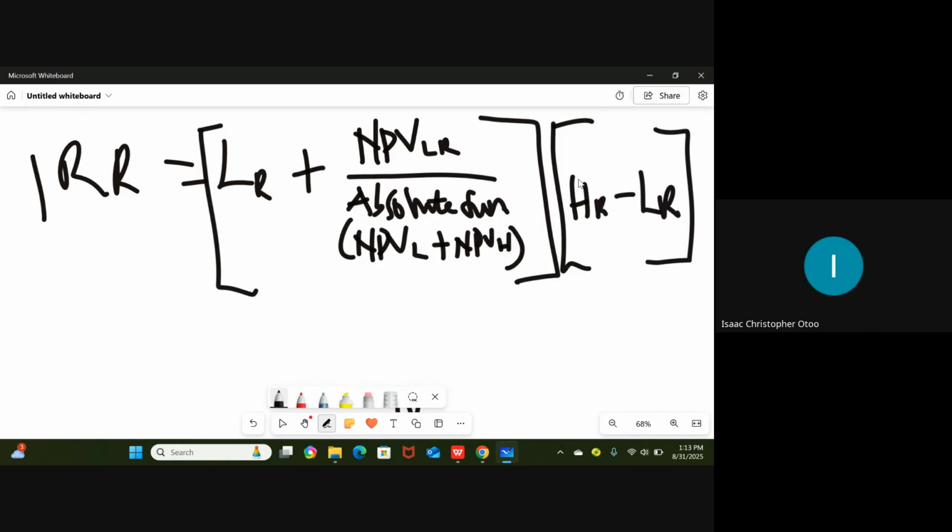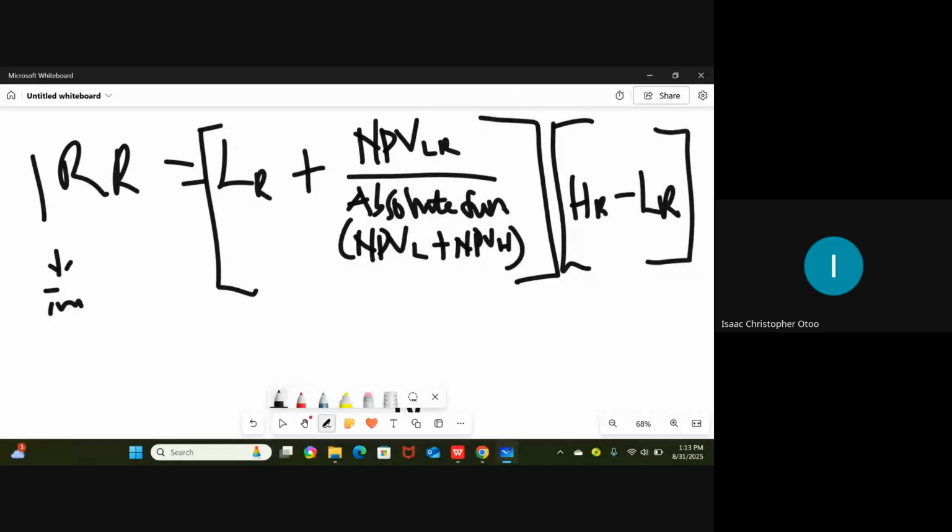Okay, so that's the formula for IRR. Here the lower rate means you are going to use two discount rates: the one given to you in the question, and your trial and error one. When you compare the two, which one is the lowest?